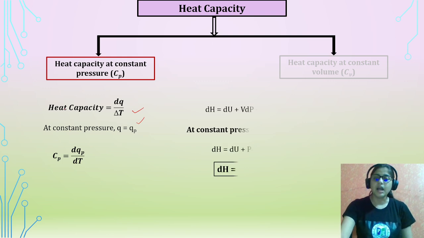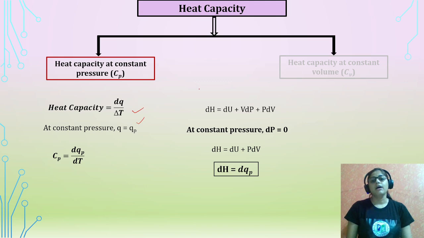Now from the enthalpy part, I have previously told you that you should watch my previous thermodynamics video to understand these topics. For recapitulation, I have incorporated this part also.